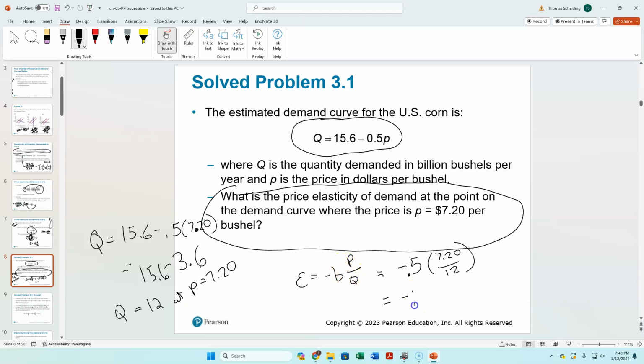And I'm getting negative 0.3, which would indicate that this is slightly inelastic. How do I know it's slightly inelastic? Because it's between 0 and 1 in absolute value terms, or between negative 1 and 0. That would mean that it's relatively inelastic, or insensitive to price changes.